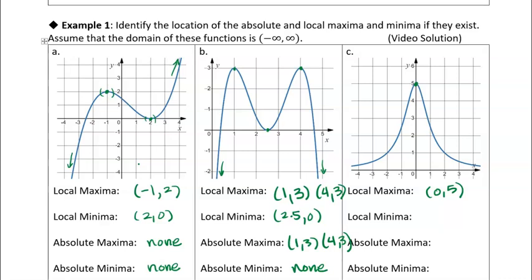Now, the local minima. It appears that there's an asymptote at 0, but it's never actually going to reach 0, right, if it's an asymptote. So even though there's sort of a floor to this function that doesn't go any lower than 0, from what I can see on the graph, it never actually gets to 0.